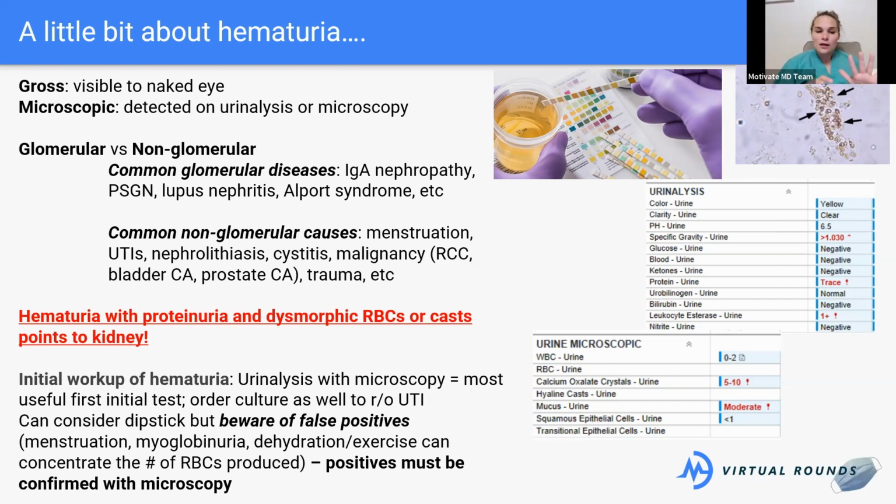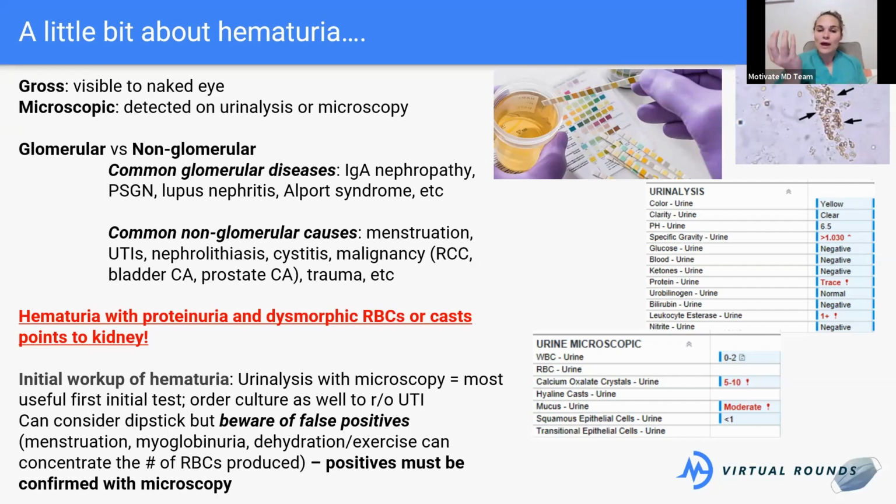So the urinalysis is a great way to start and a great way to split up what's going on, because if on your urinalysis you have something called proteinuria, which is protein in your urine, and if you have dysmorphic red blood cells or red blood cell casts, that indicates that you probably have a kidney problem. And why is that?